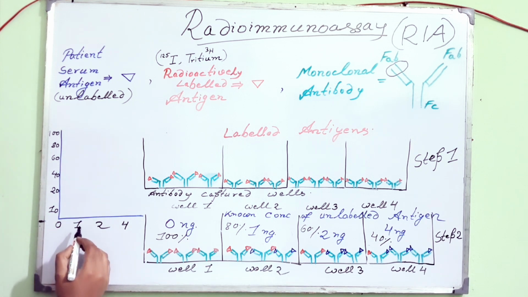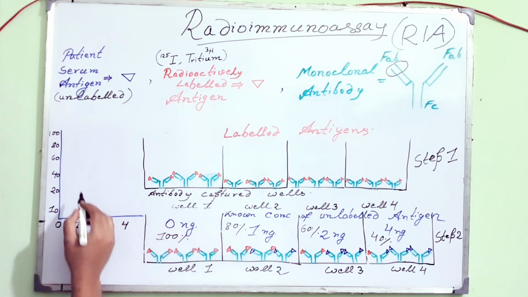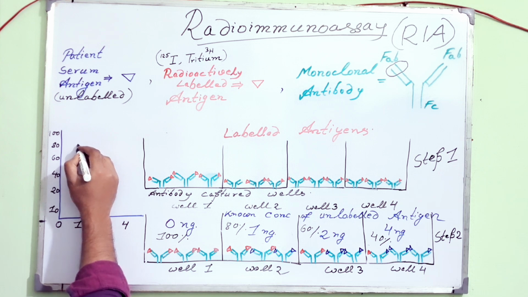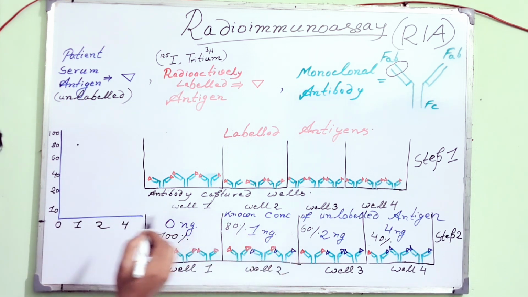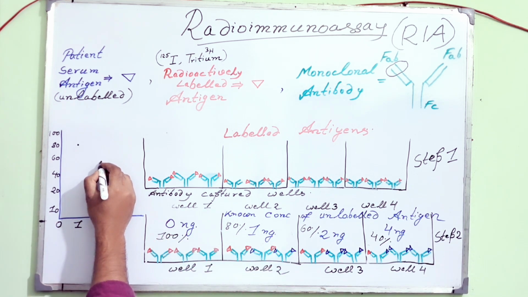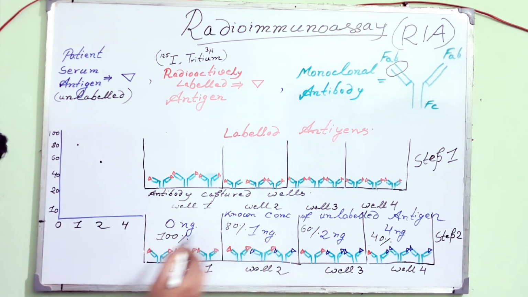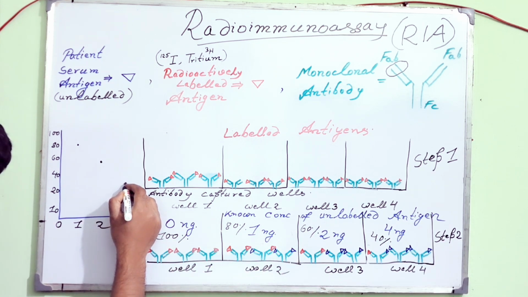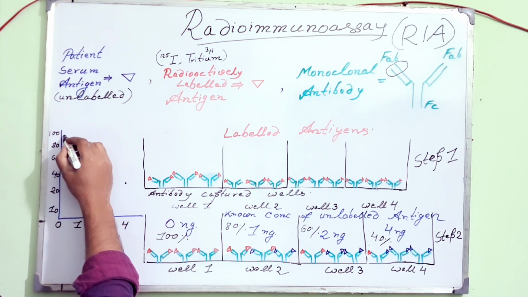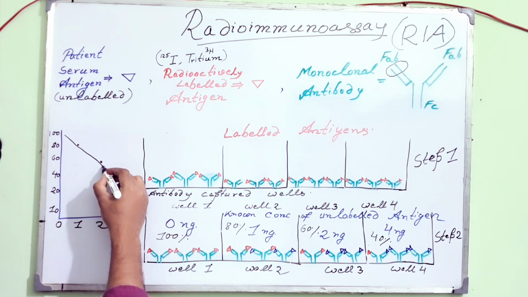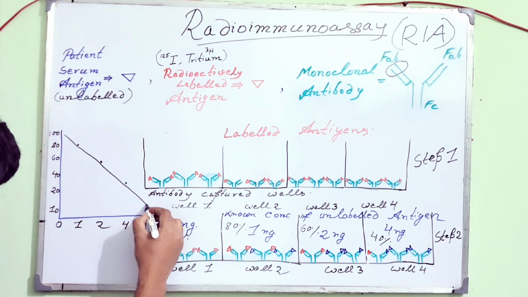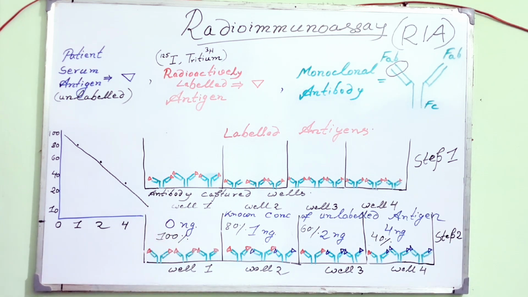Now, when you have added 1 nanogram, it is 80%, right? When you have added 2 nanogram, it is 60%. When you have added 4 nanogram, it is 40%. So if you draw a line, what will happen? This is the standard curve line.